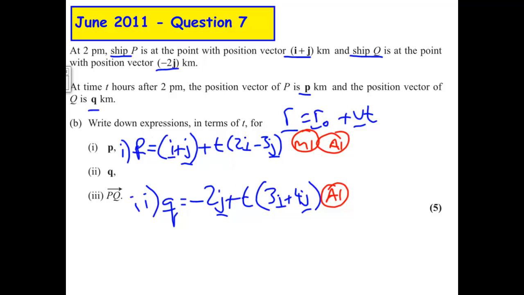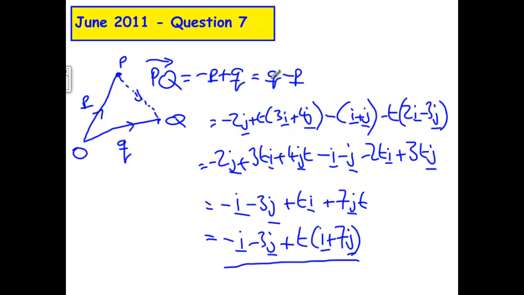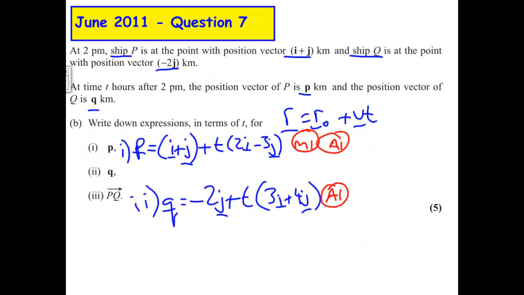And then for part 3, you get a method mark for knowing that to find the vector p to q, you have to do lowercase q take away lowercase p, and then substituting in all these values for q and p that we have already found, expanding, rearranging and simplifying, getting this final answer, that is your final accuracy mark. So that is where the 5 marks for part B of the question are allocated.